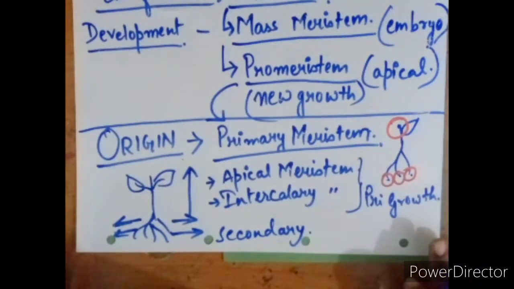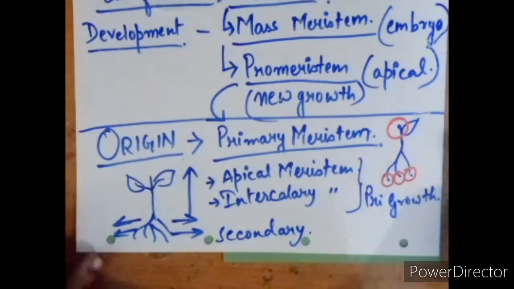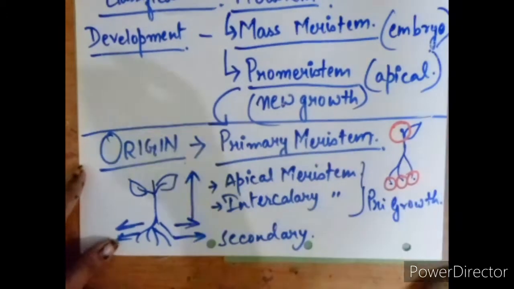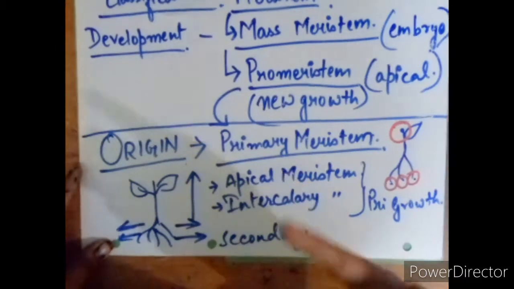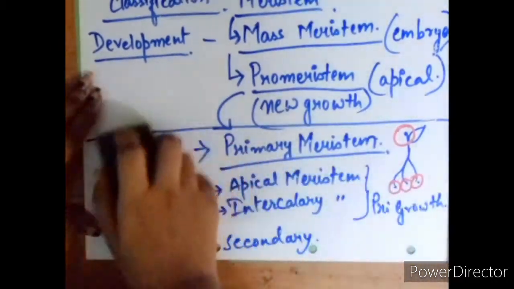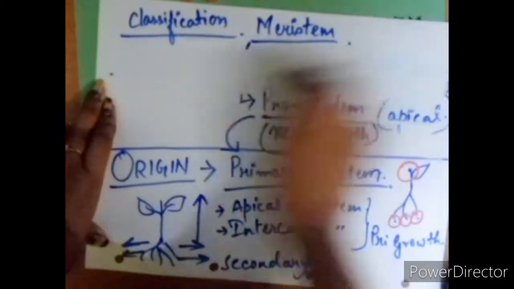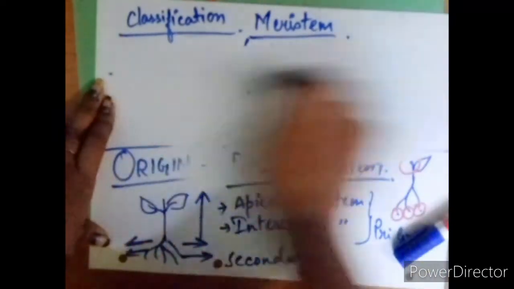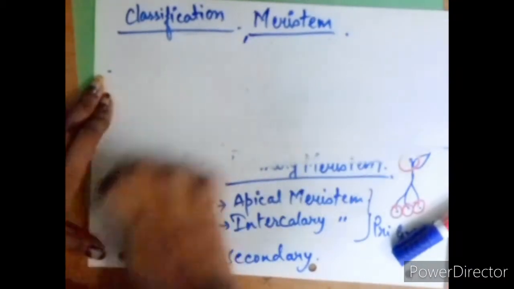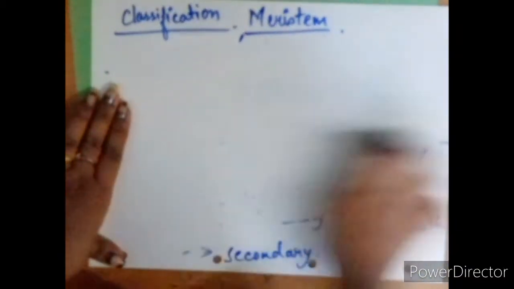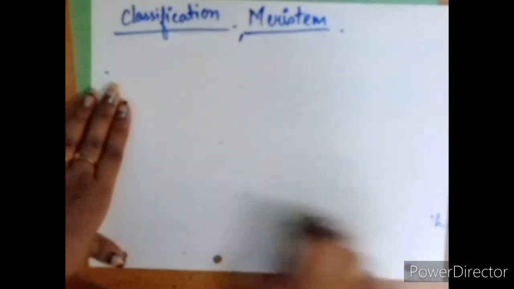Now let's move on to another division. Now I will be speaking according to the location of the meristem. So this classification will be according to the location.